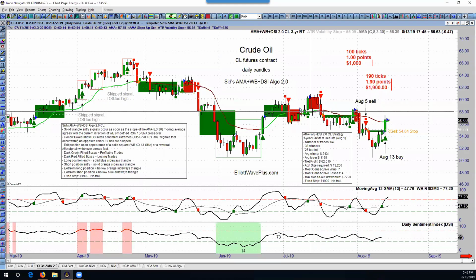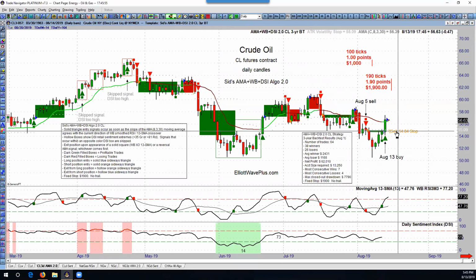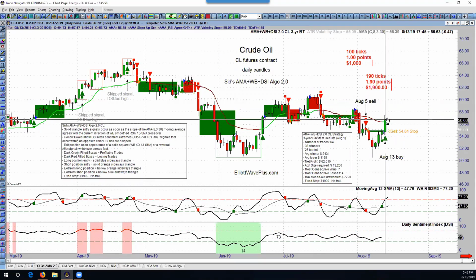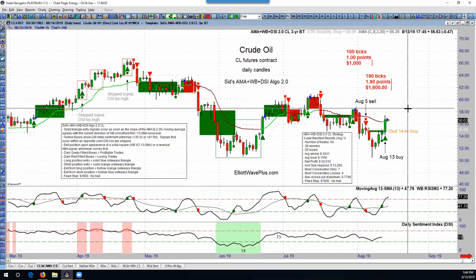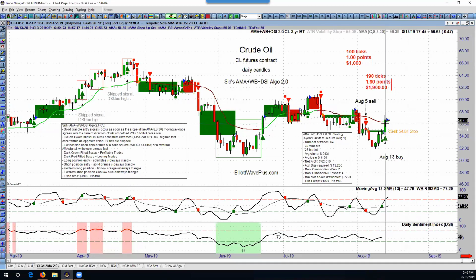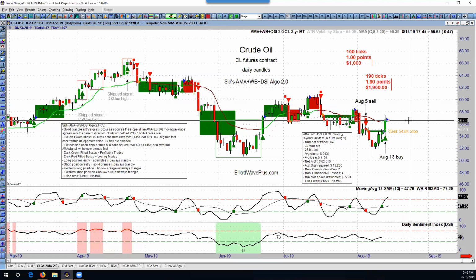It was green, sloping up, then it was red, sloping down. That is on the slow side, and so the algo could give up quite a bit of profit before that started sloping back to the downside.